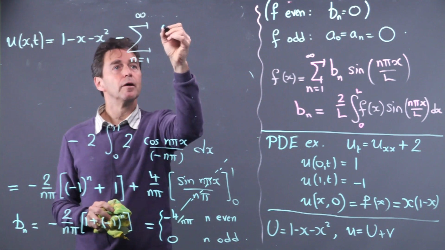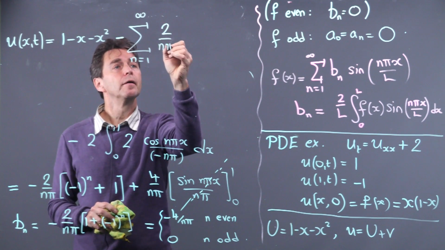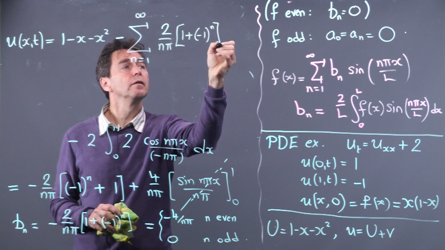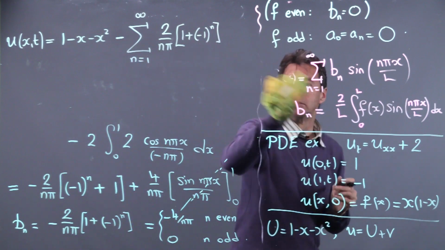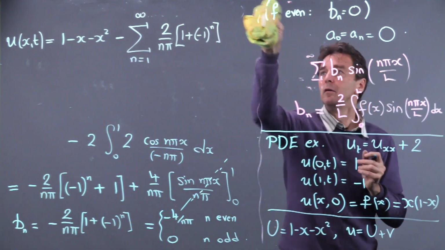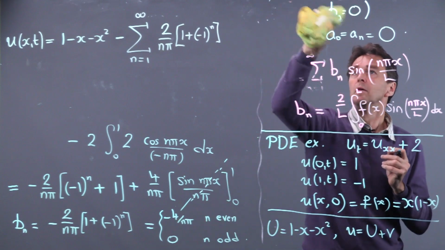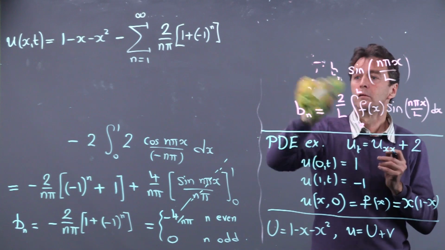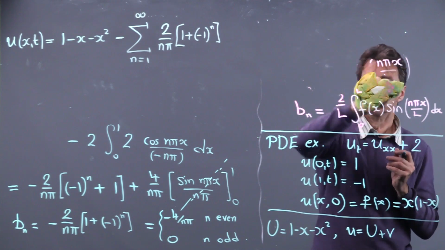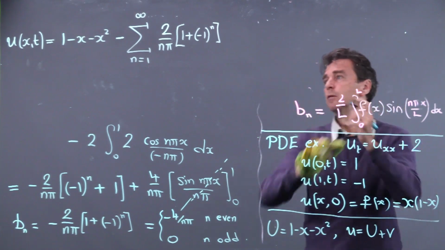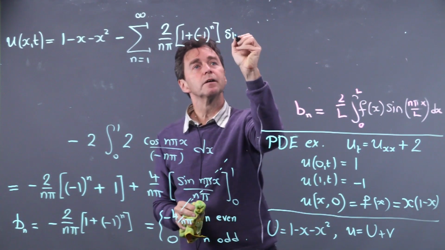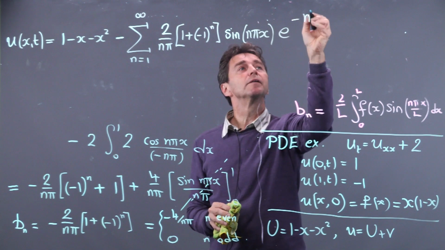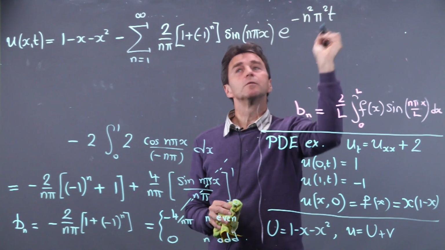So it's 2 over n pi, 1 plus minus 1 to the n. Then I've got the sine of n pi x e to the minus n squared pi squared t.